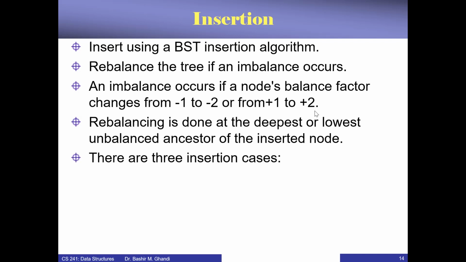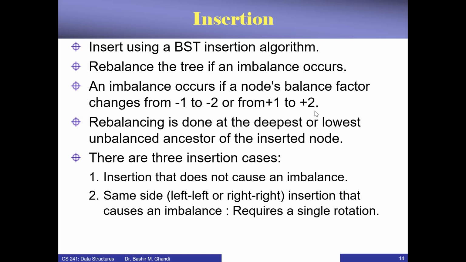And there are 3 insertion cases. The first is insertion that does not cause an imbalance. In that case, there's nothing to do. The tree remains balanced. The second case is same-side insertion, either left or right.